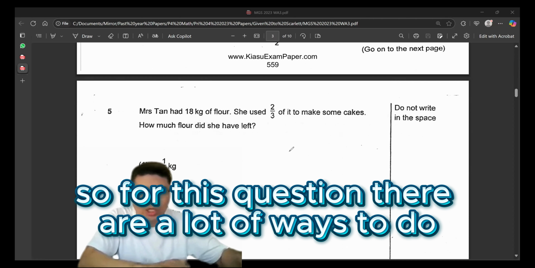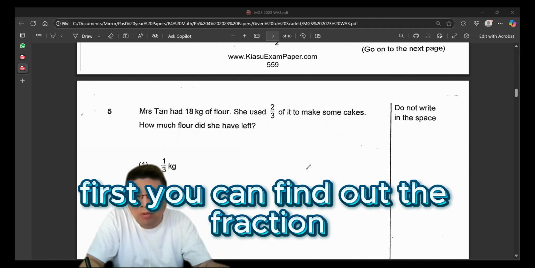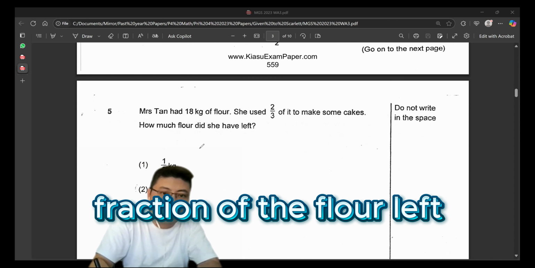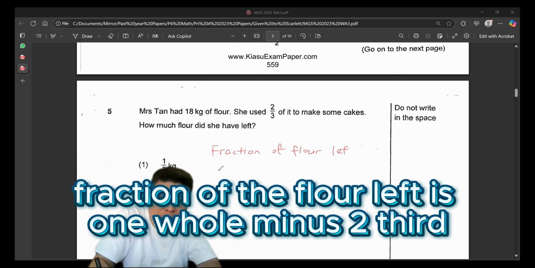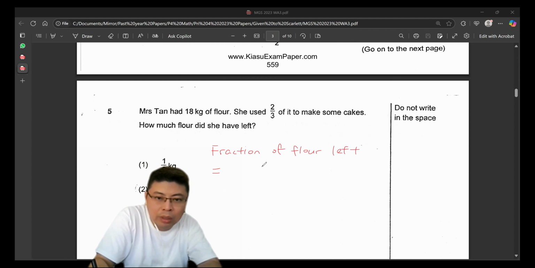So for these questions, there are a lot of ways to do. First, you can find out the fraction of the flour left. The fraction of the flour left is 1 whole minus 2/3.